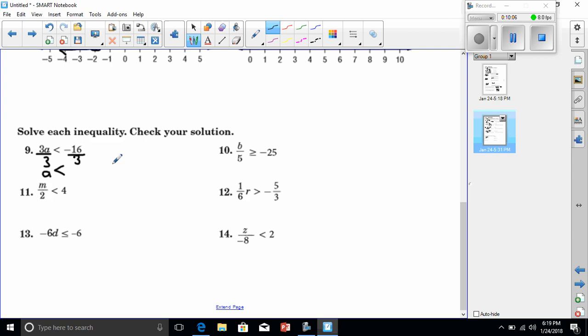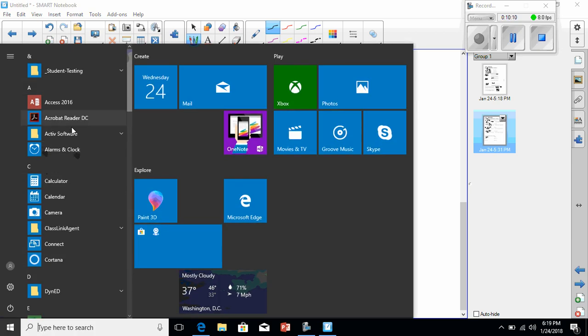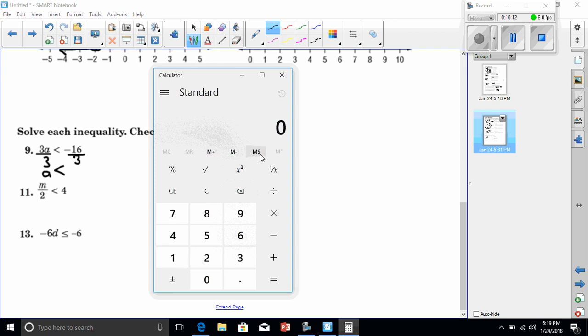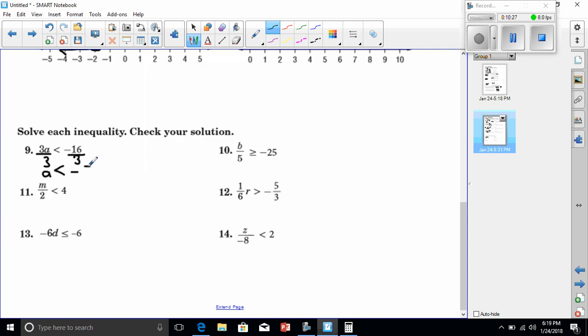Well, if I do this with my calculator, and I take negative 16 and divide it by 3, I'm going to get negative 5.3 repeating. So this will be negative 5.3 repeating.